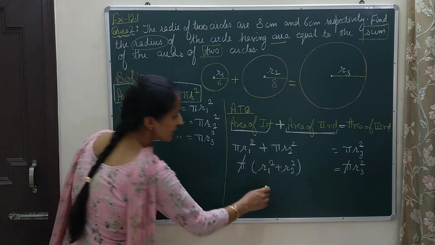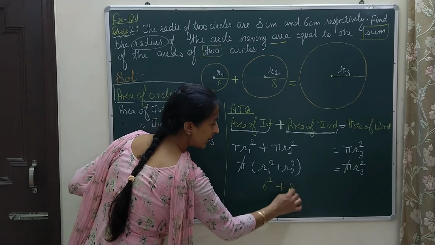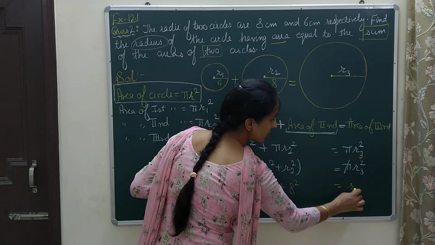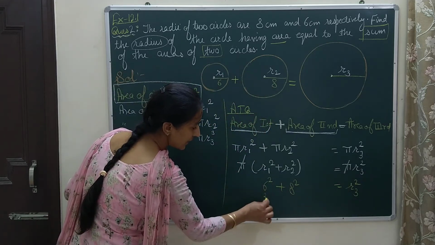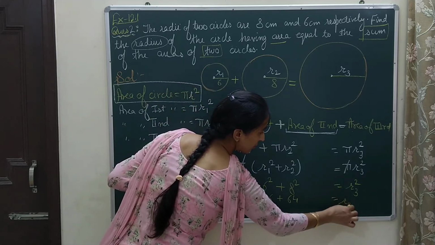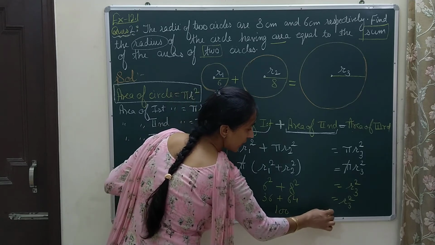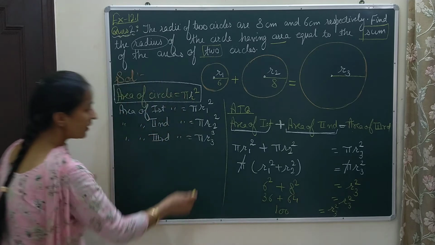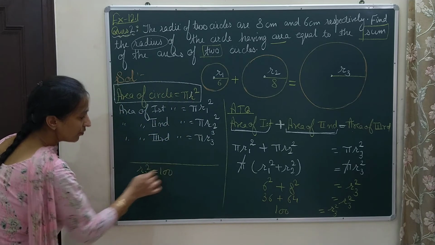So I can replace r1 as 6 square and r2 as 8 square, and that should be equal to the third radius square. If I take the squares, it is 36 plus 64, which should be equal to r3 square, and it is 100. That means 100 is the third radius square. Here I can write again r3 square is equal to 100.